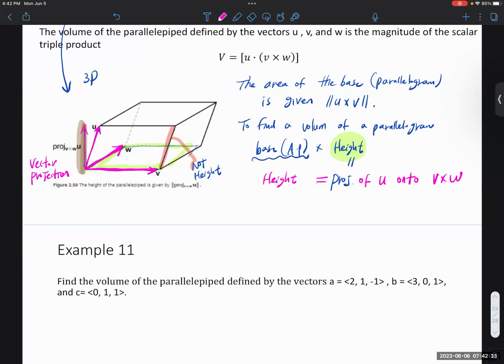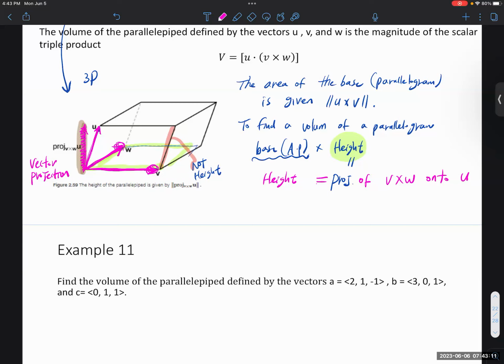Think about it, you have an item, and you want to find the shadow, like you have lights and an item, and the shadow is going to be here. So this is the height. So the projection, oh my bad, I made a mistake, it should be the opposite way. Let me double check. Yeah, the projection of V times W onto U, that's going to be the height.